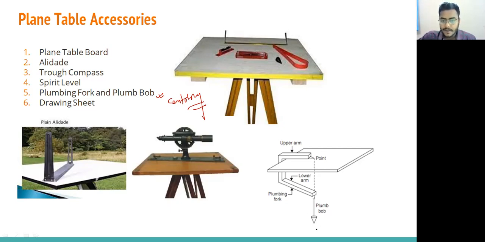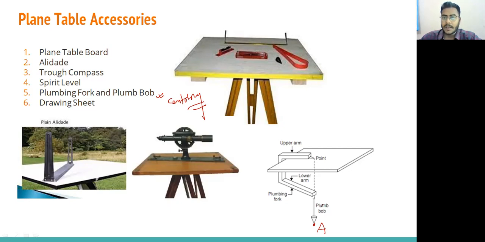For example, suppose there is a station A and we have to keep the plane table on station A. We should make sure that the plane table is on station A, on this point. How will we do this? We will do it using the plumbing fork and plumb bob.